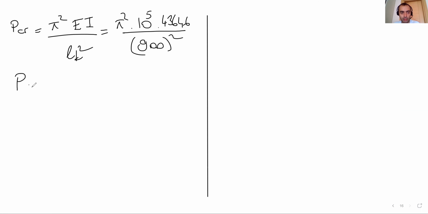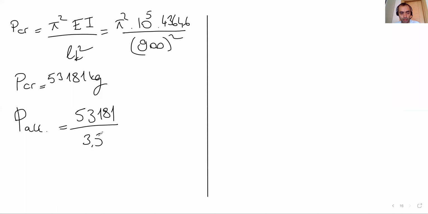So from here, P critical, P allowable is, considering the factor of safety, it's gonna be 15,000 kilograms. Okay, this is the P allowable. P allowable.